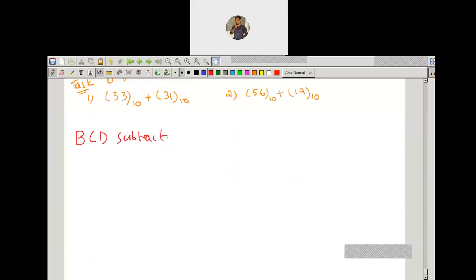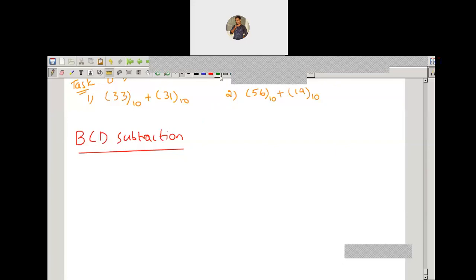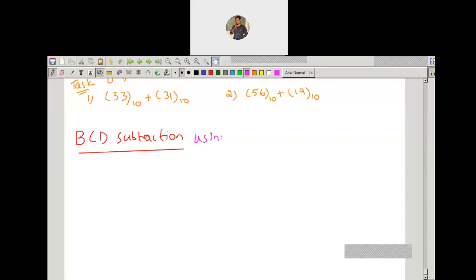BCD subtraction. First we'll do BCD subtraction by using the 9's complement. We can do the BCD subtraction by using the complement methods, by using 9's complement as well as the 10's complement. Why?